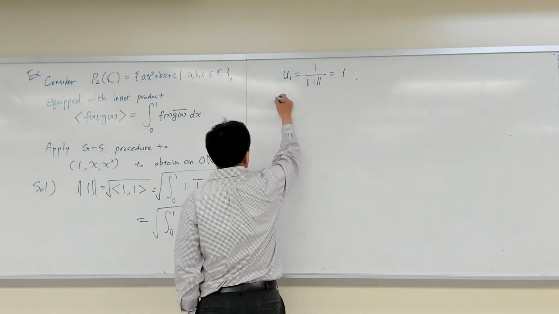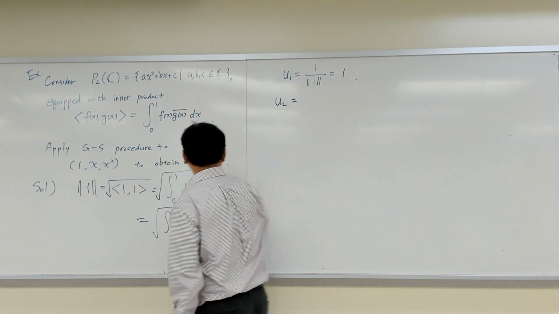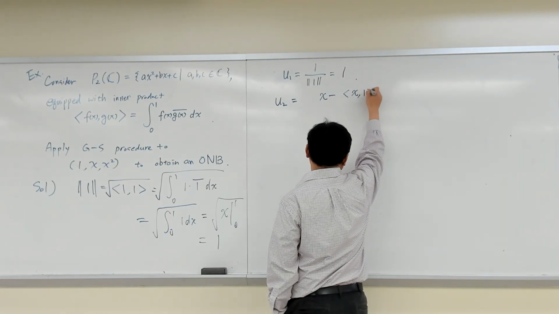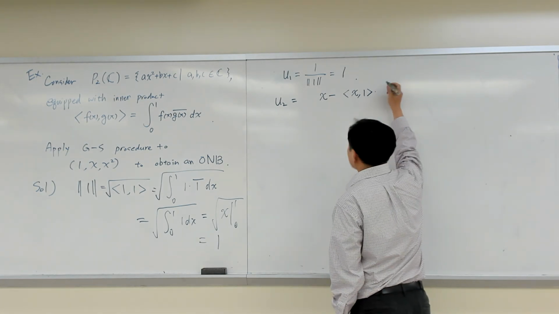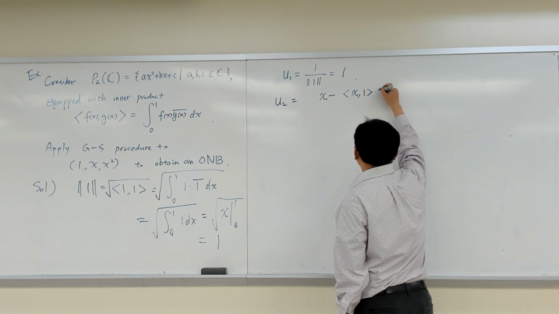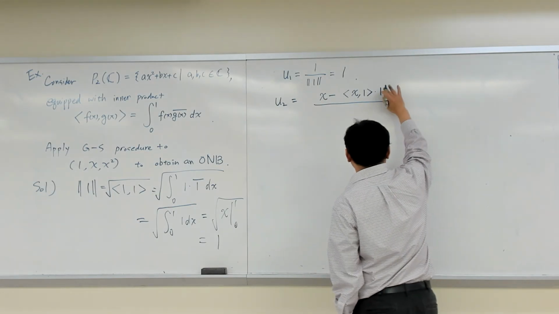Okay. u2 is from the second vector, x minus the inner product of x and 1 times 1.